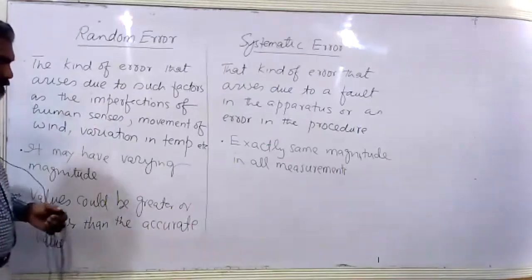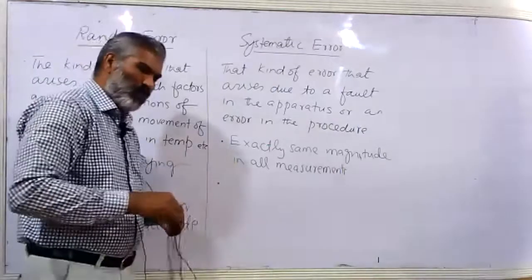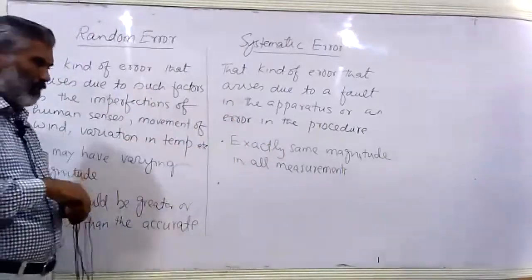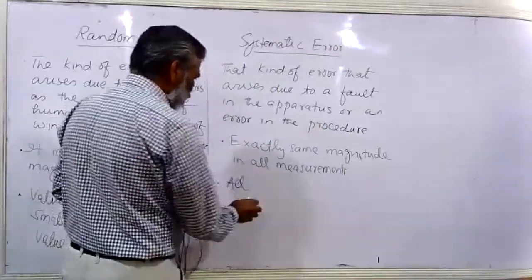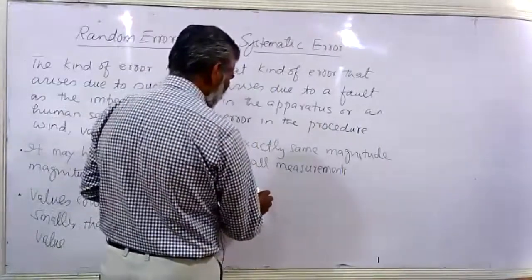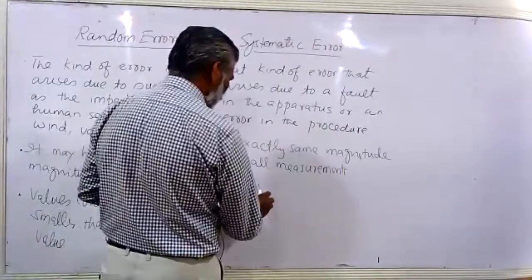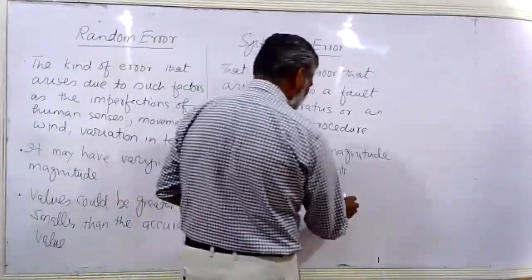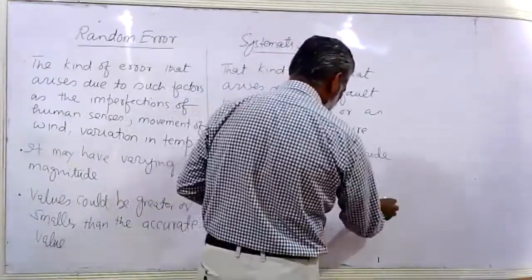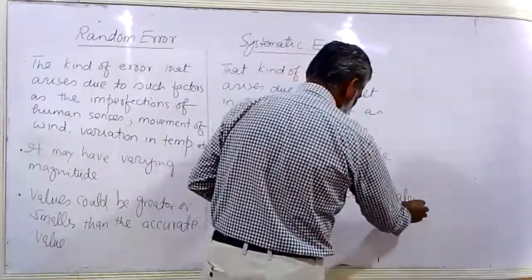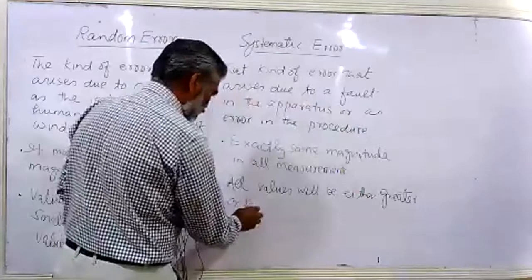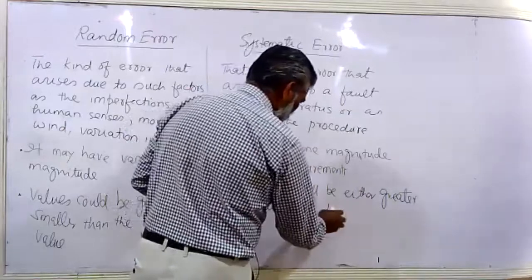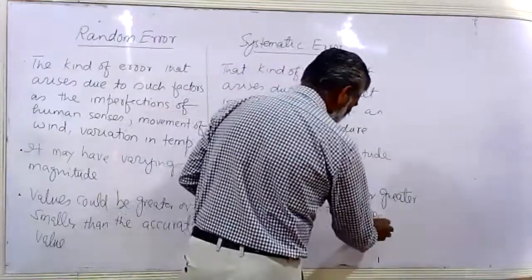But in case of systematic error, all the values will be either greater by the same amount or smaller by the same amount. So in systematic errors, all values will be either greater or smaller than the correct value.